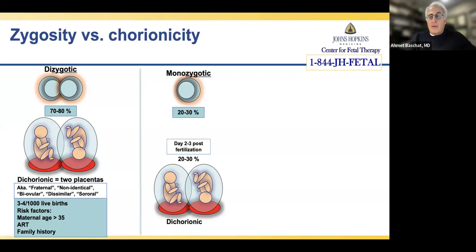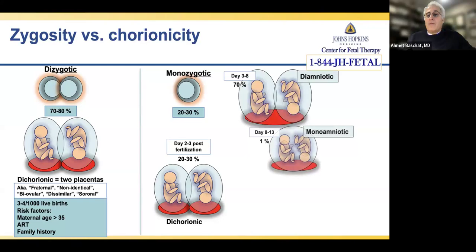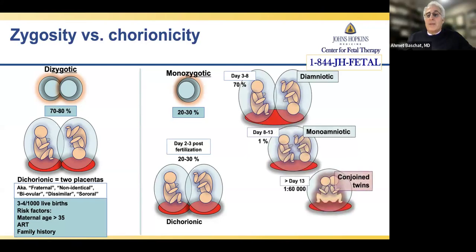In a monozygotic pregnancy, conceived from a single zygote, the placental arrangement depends on the day of splitting post-fertilization. Anything that happens within the first few days after fertilization results in a dichorionic placentation that can be monozygotic. Anything after that results in monochorionic placentation.